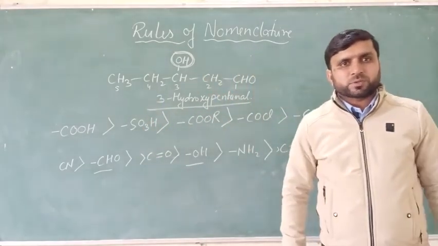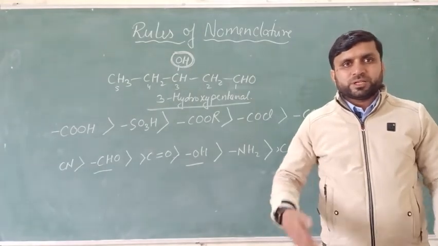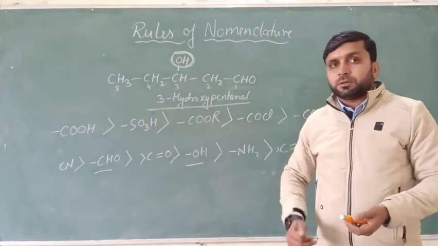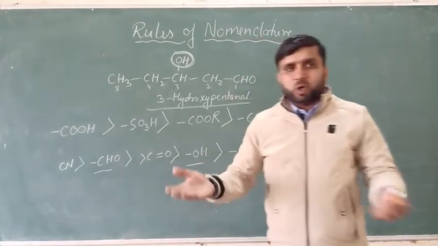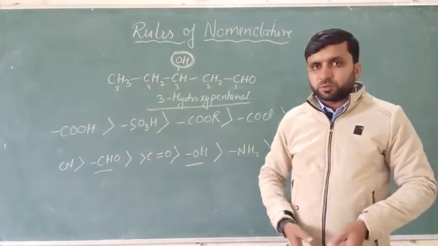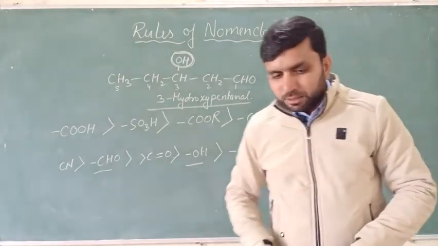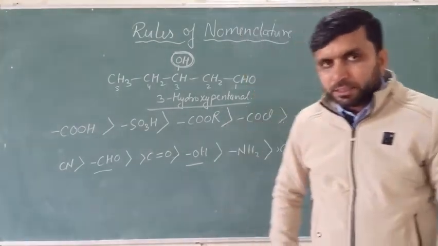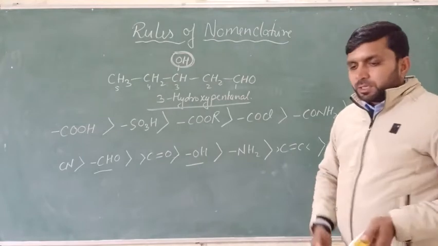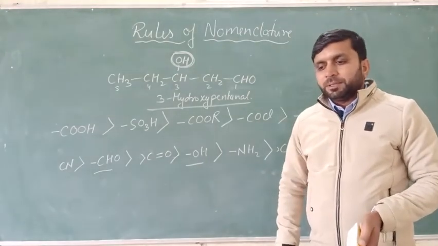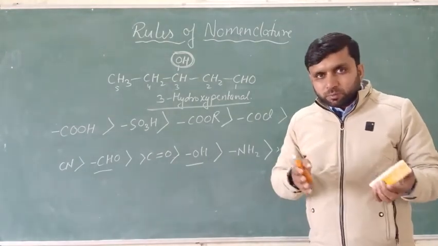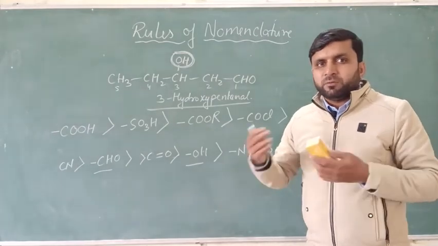Aldehyde is a terminal functional group, so the position of the aldehyde or carboxylic group will not be written because they are terminal functional groups. So its name will be 3-hydroxypentanal. So this is about the nomenclature of compounds having one functional group or more than one functional group.